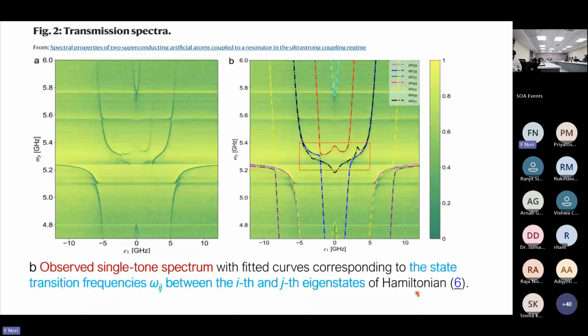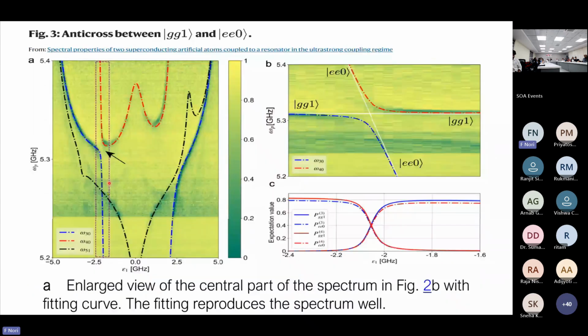And this is essentially the strength here. Now, if we enlarge this part, the red dashed rectangle, you get this one here, focusing on the transitions between levels 0 to 3, 0 to 4, 1 to 5. Then you enlarge it again. This is the enlarged view of the central part of the spectrum we saw before with the fitting curves. The fitting represents the spectrum very well.